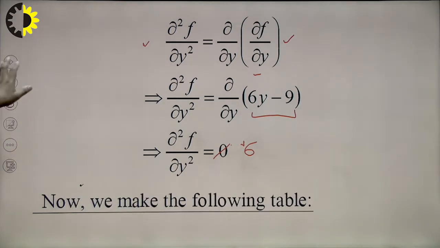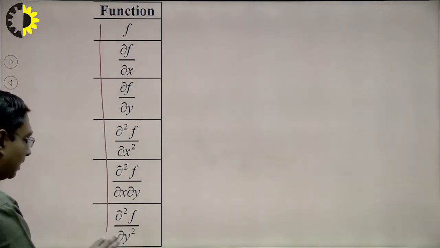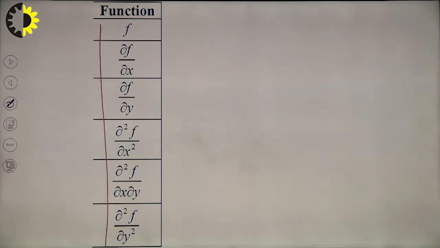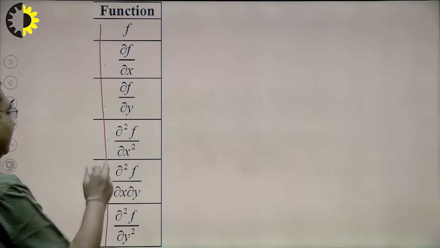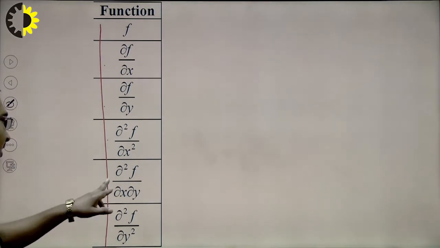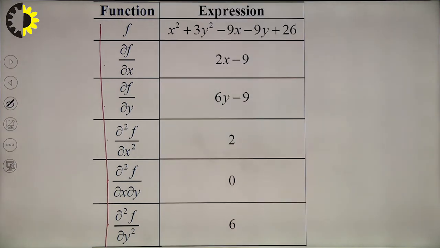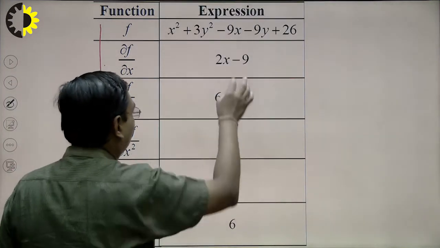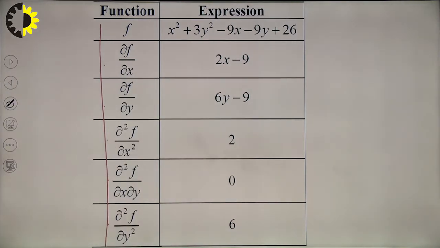Now, we construct the following table. These are our partial derivatives up to second order: del f over del x, del f upon del y, del 2f over del x square, del 2f over del x del y, del 2f over del y square. This is the column for expressions for these partial derivatives including the function f.